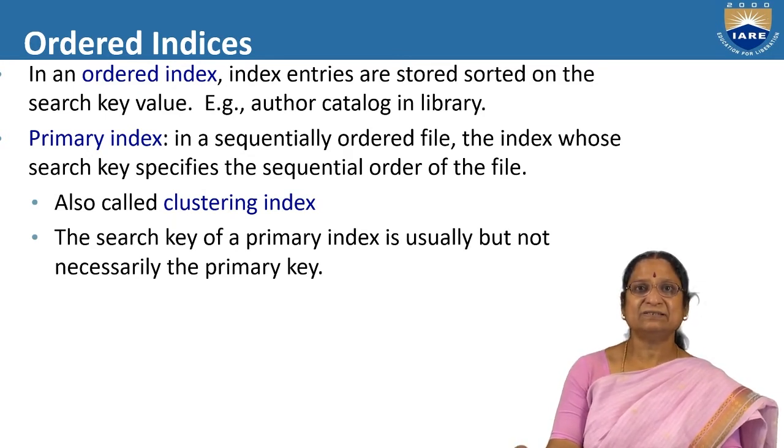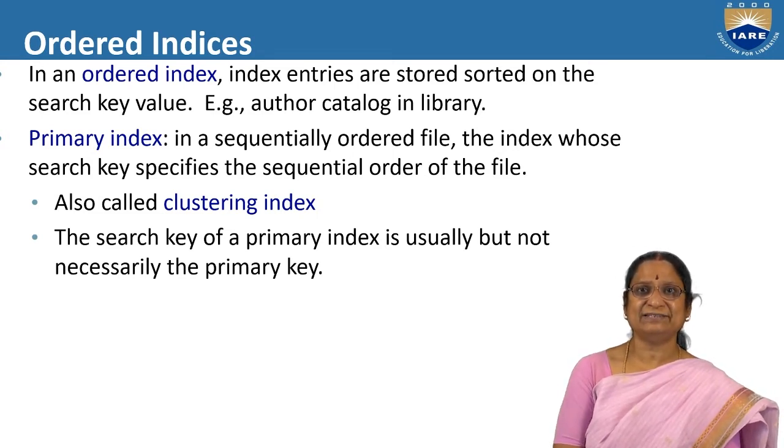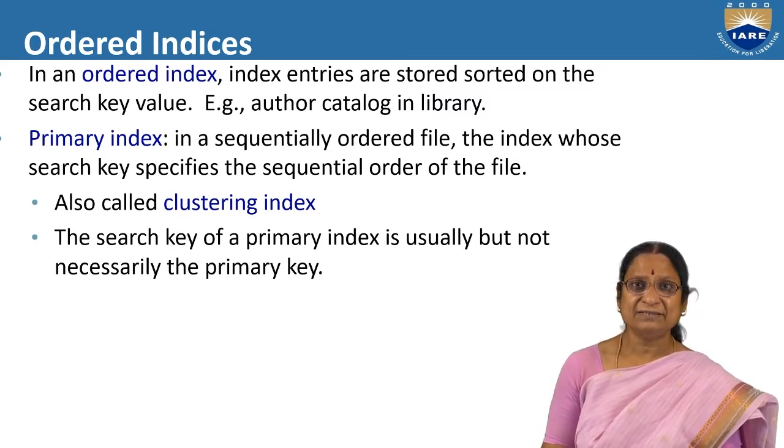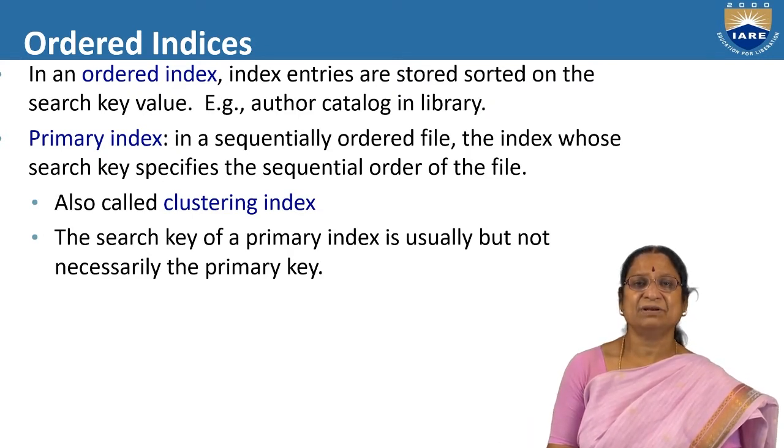Sometimes the lookup need not be on the primary key always. Depending upon the need, on other attributes also, we have to check the conditions. For example, when we are storing our students' database, we will generally take the hall ticket number or registration number of the student as the primary key. But the search process may not always be based upon the registration number. For example, we would like to get the students who got a first class or a grade A in previous examinations. That is, searching is on grade.